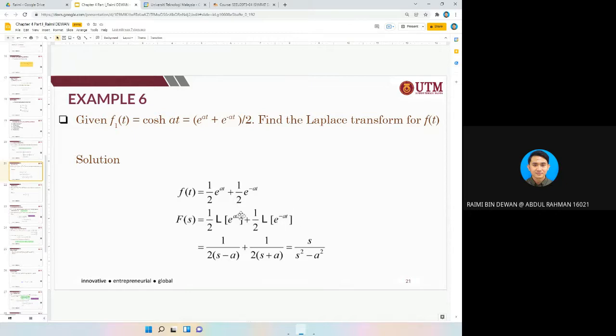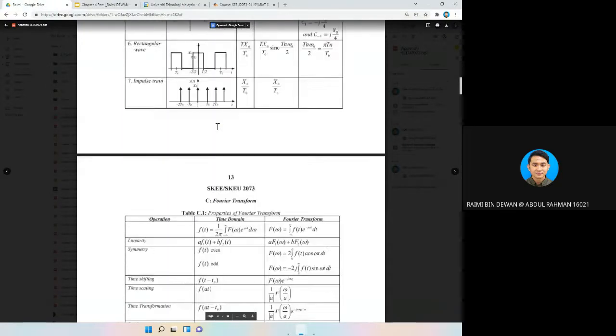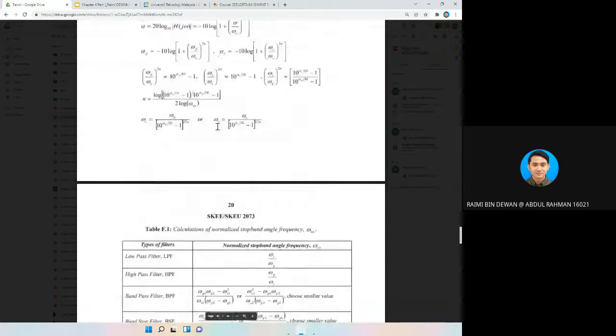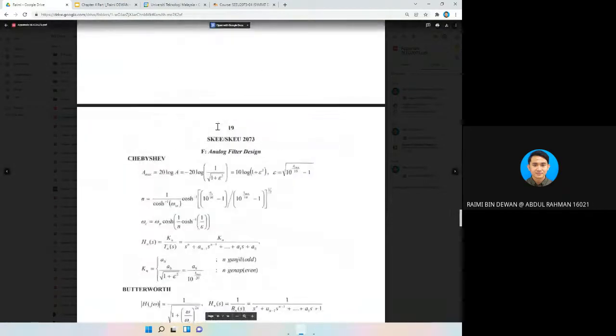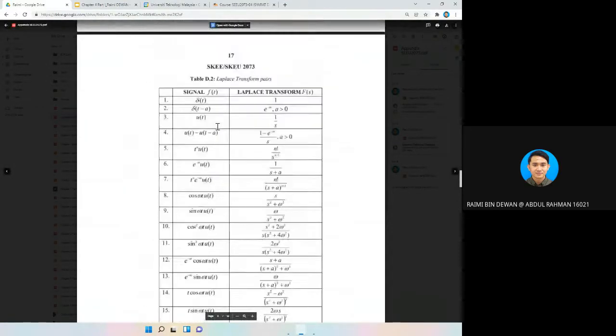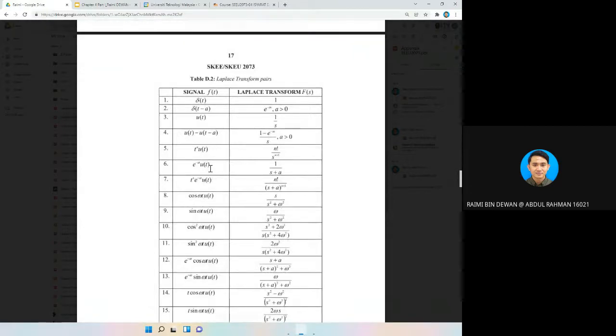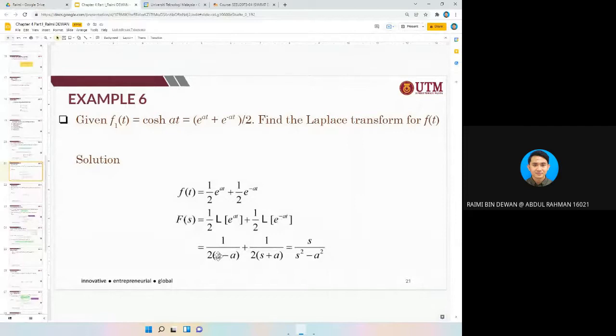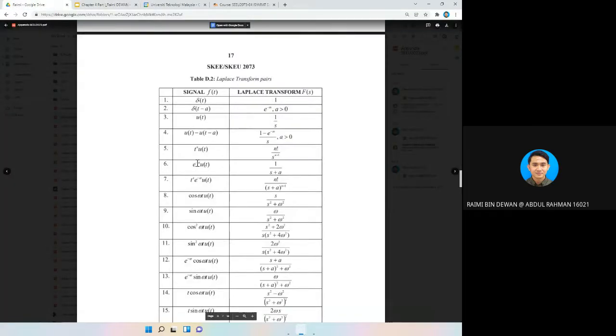You refer to the table of the Laplace transform for the function having the exponent function in the time domain. Here, this one, you have 1 over s plus a, and this one 1 over s minus a. This one is 1 over s plus a, because here you see it is showing positive, so here it is showing negative.